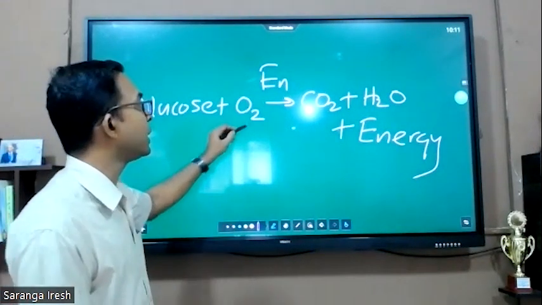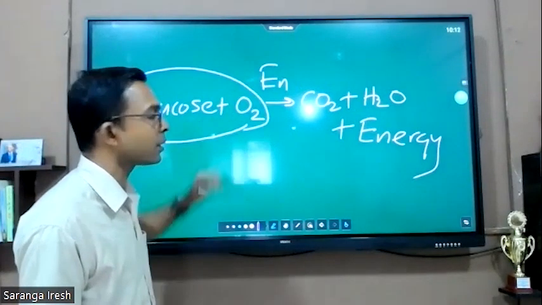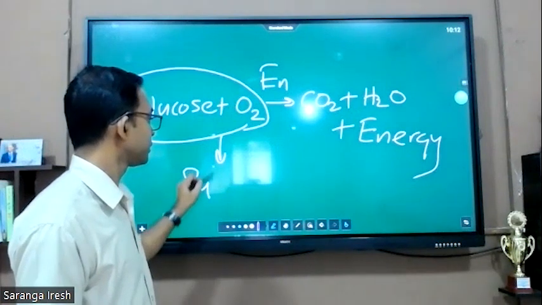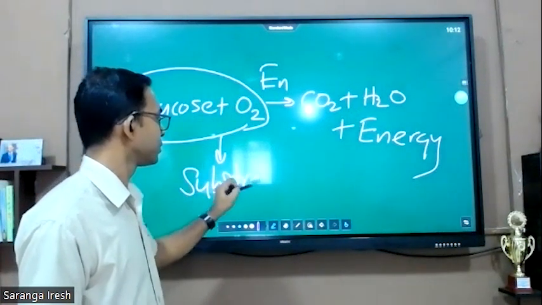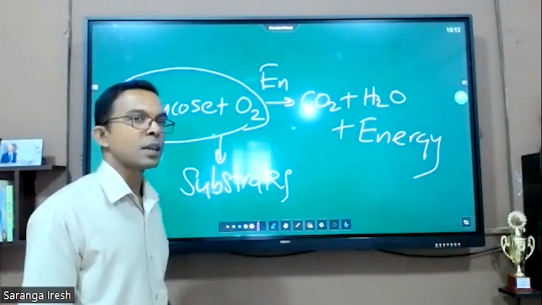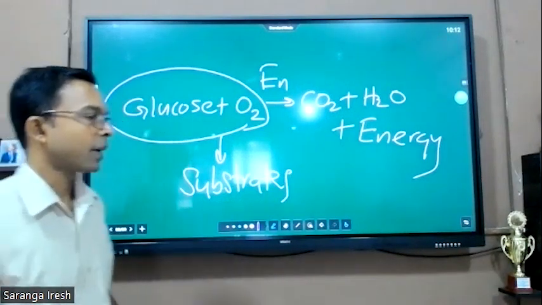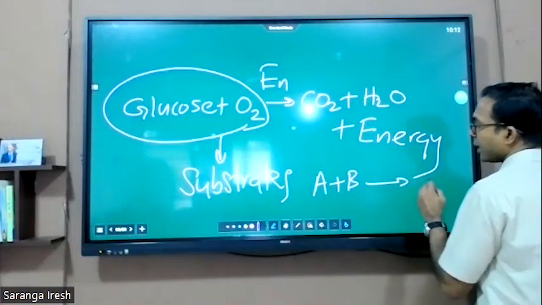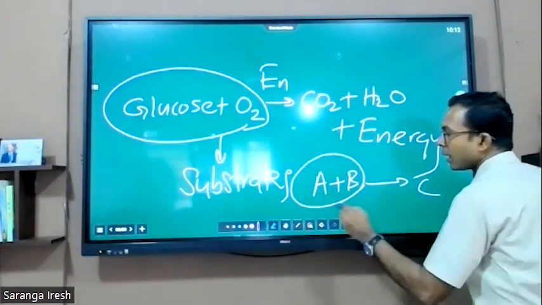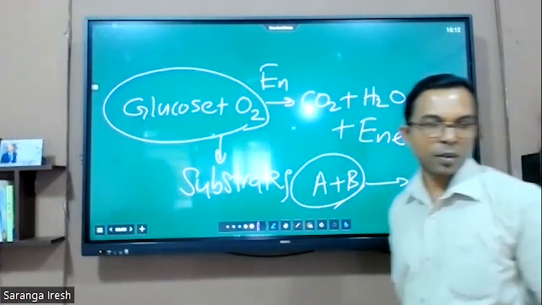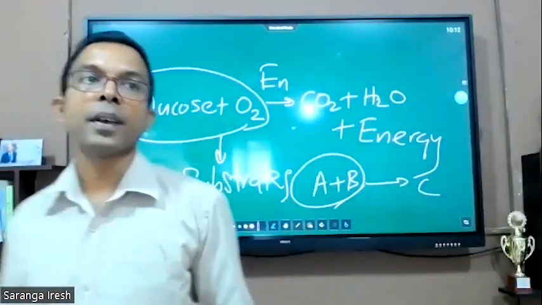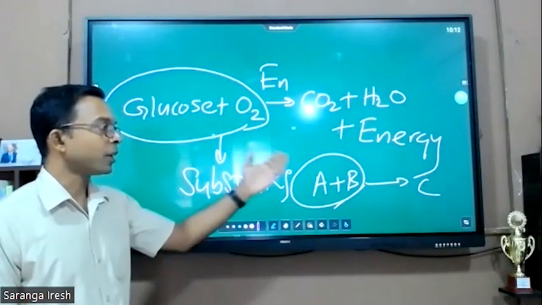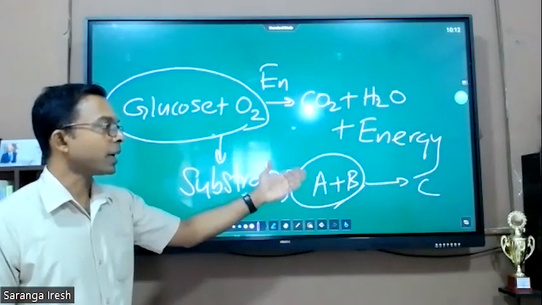Therefore, the initial molecules of the reaction are named substrates. Example: A plus B make C. So A and B are substrates, which are catalyzed by the enzymes.